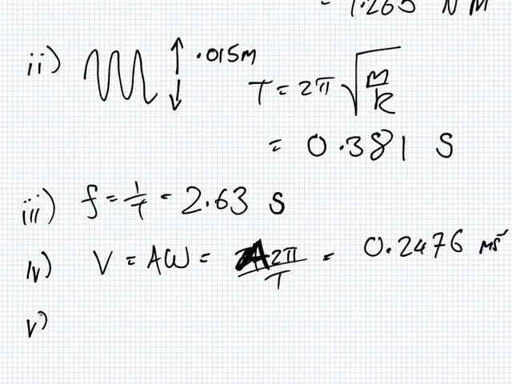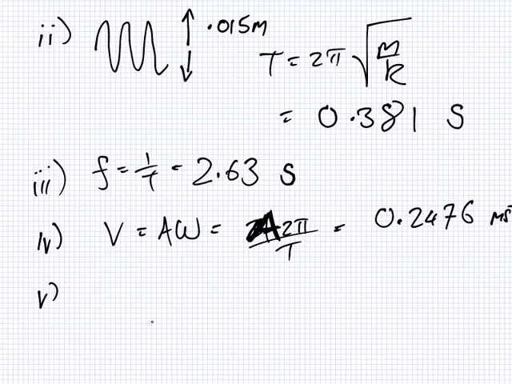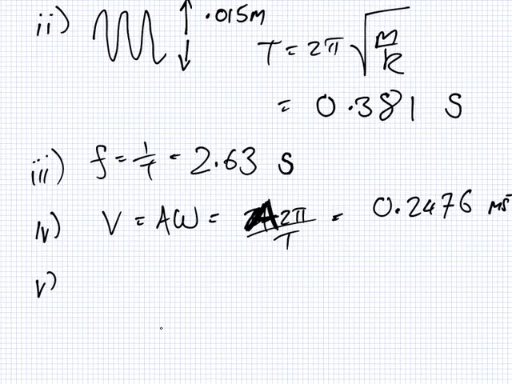What is the acceleration when its distance is that? So you have this other formula which I never remember. Oh no, not that formula. Sorry, this one. We have a equals minus omega squared x.